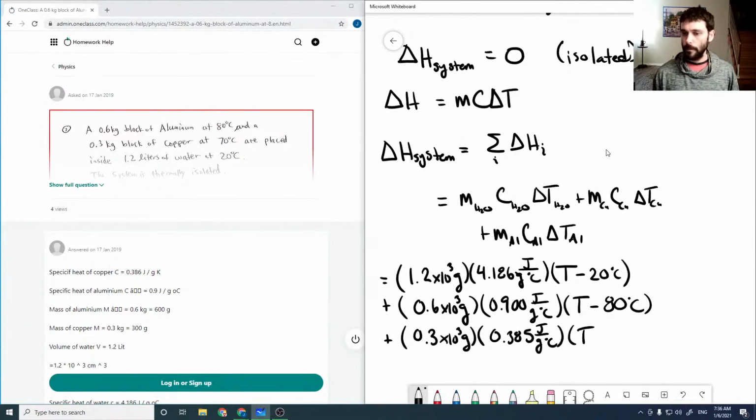The T here is always our final temperature. And so then all of this equals 0.